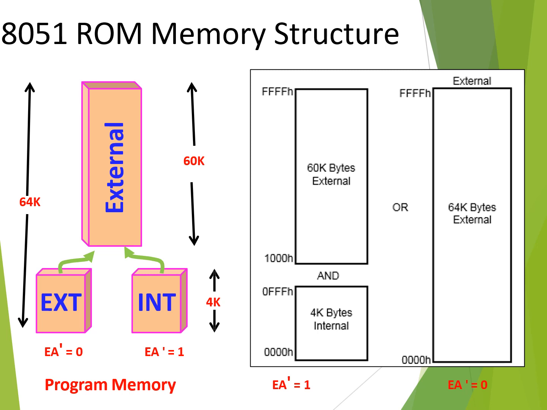When EA bar is connected to 1, the 8051 microcontroller will use the address 0000 to 0FFF to access the internally available 4 kilobytes of ROM. When EA bar is connected to 0, the 8051 microcontroller will use the entire 16-bit address from 0000 to FFFF to access the externally connected ROM memory.